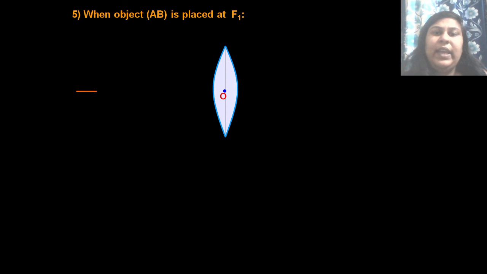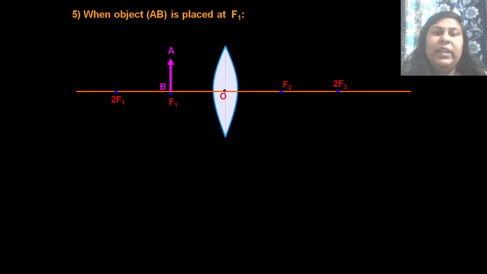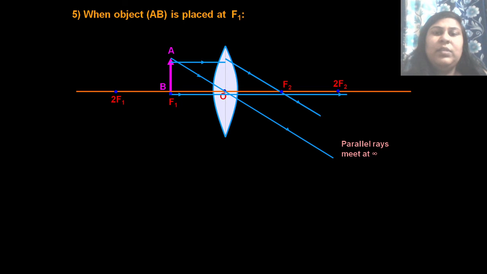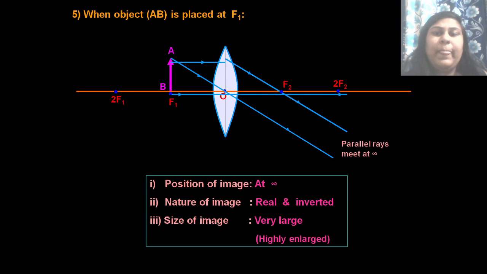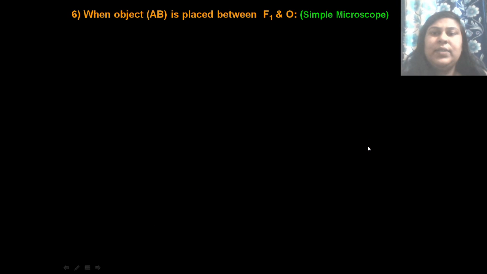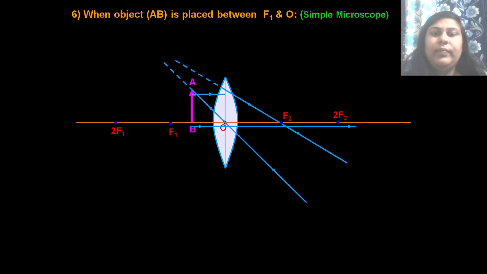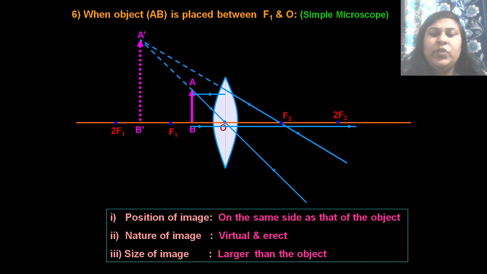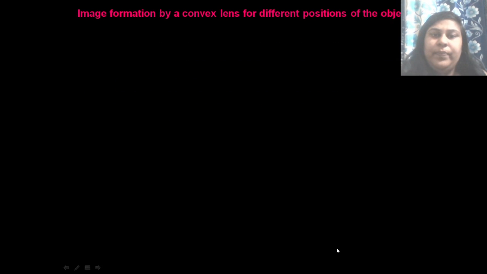When the object is at F1, then the image is formed at infinity. Last, when the object is between O and F1, it makes a virtual and erect image on the same side of the object and larger than the object.